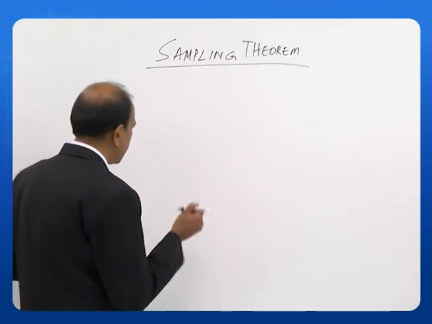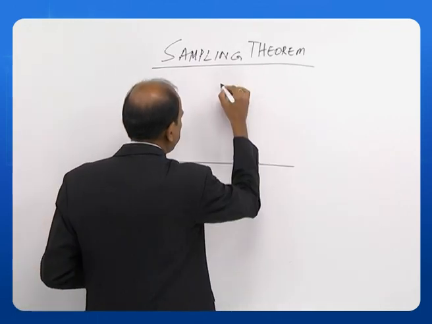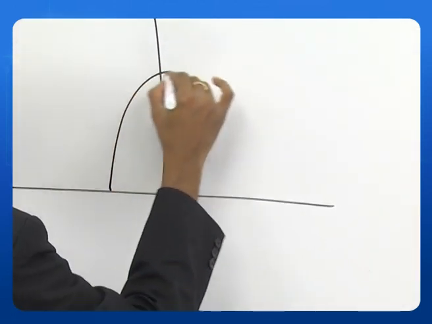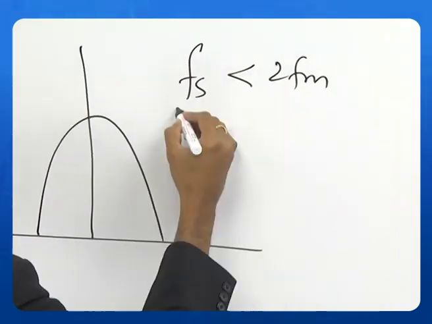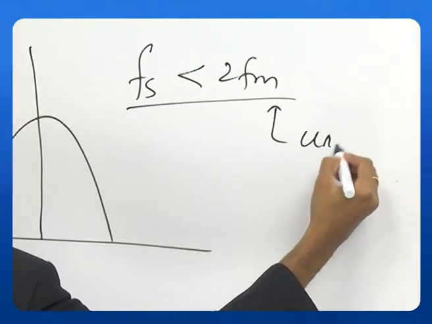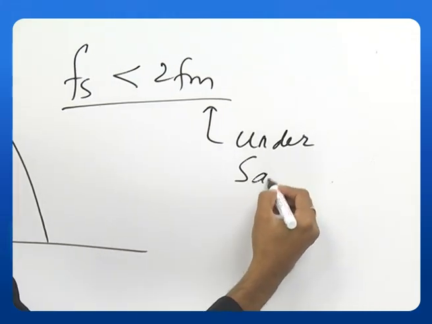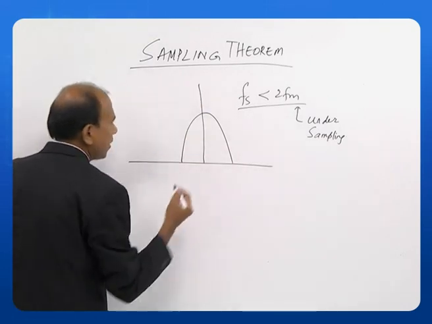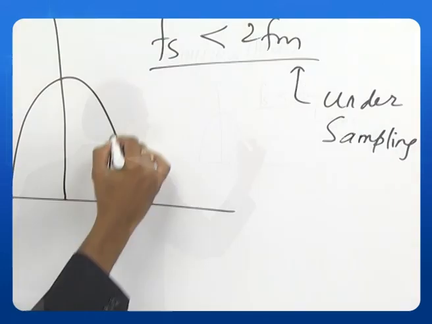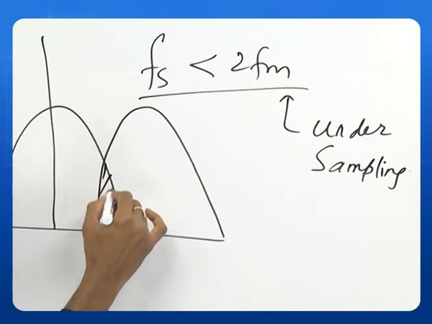That means, if you look at Y of f, my sampling is fs less than 2fm. This is called undersampling. Okay, when I do undersampling, what happens? There will be an overlap.